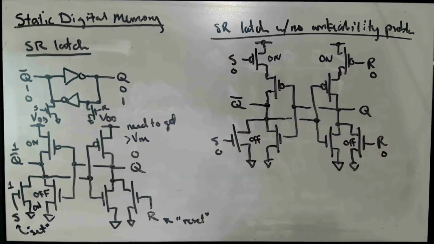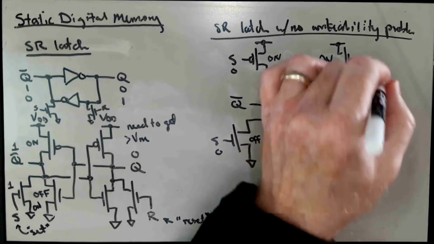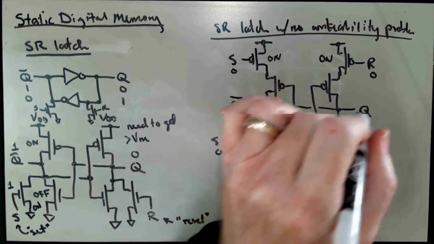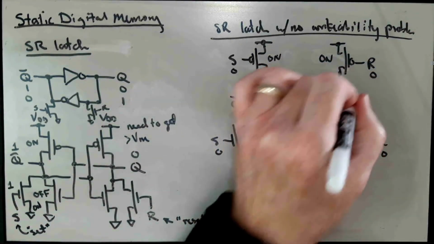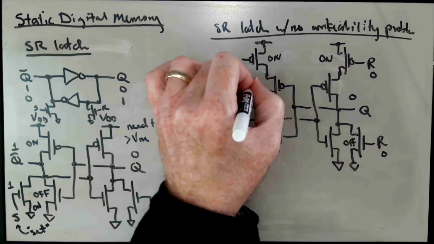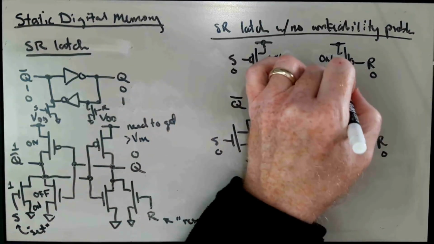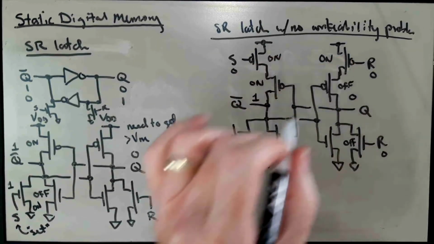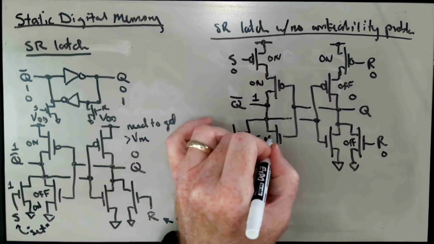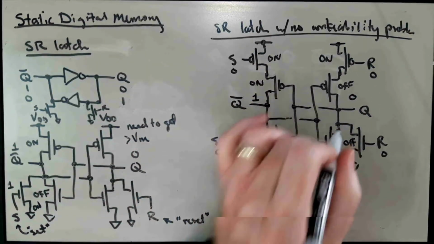But let's suppose we want to set the latch into the 1 0 state. Let's assume it's at 0 1, and so this would be on and this would be off. This would be off and this would be on.